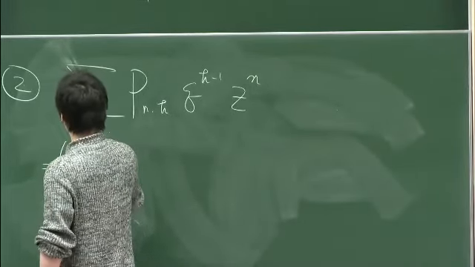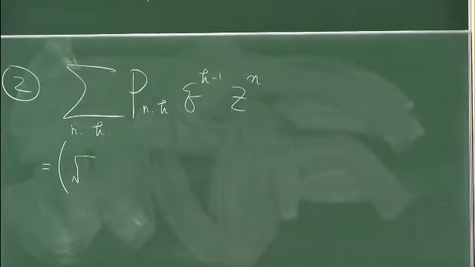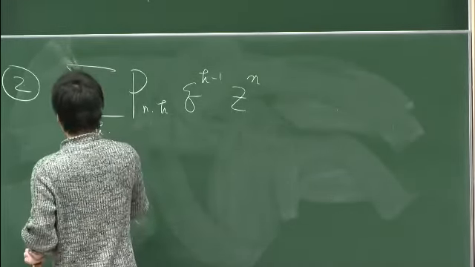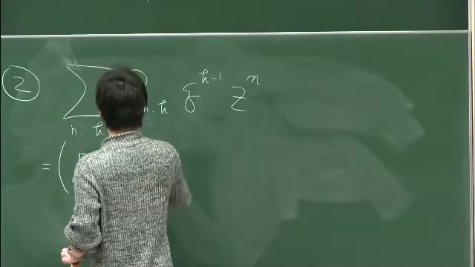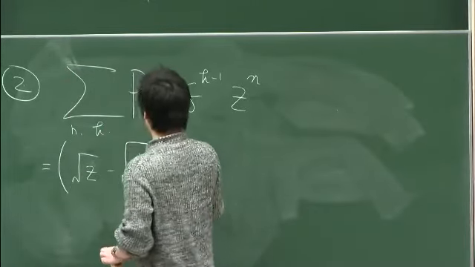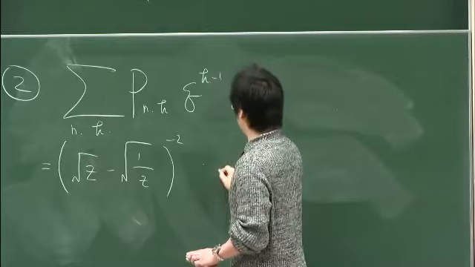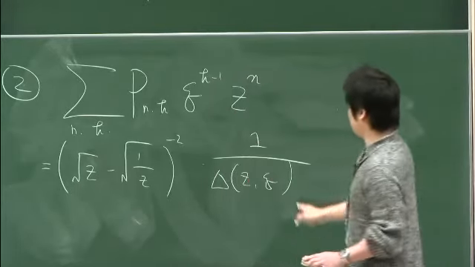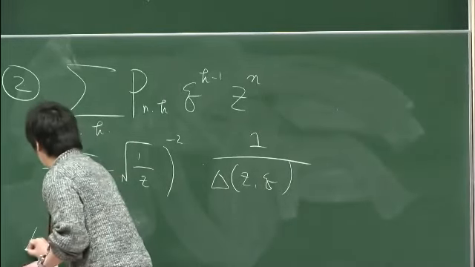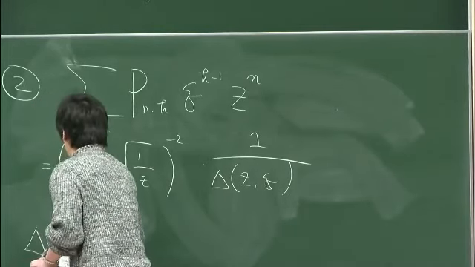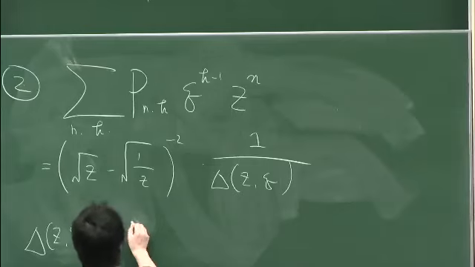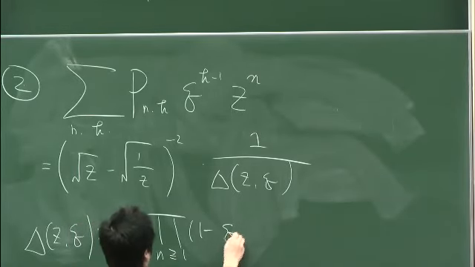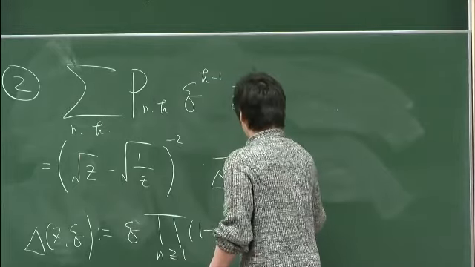So this is square root of y, and delta(y, q), and delta is the infinite product given in this way.